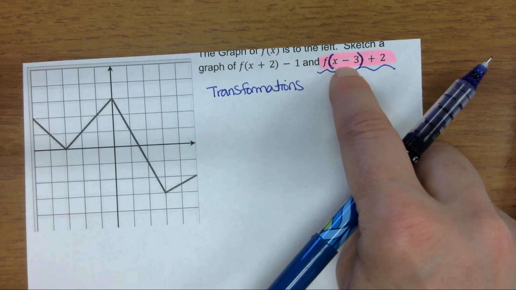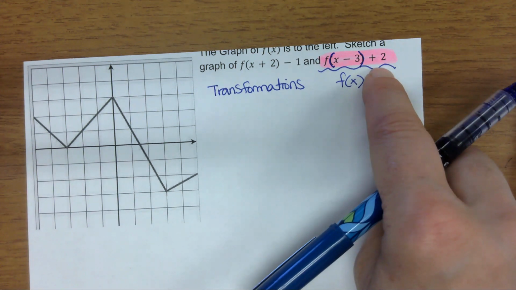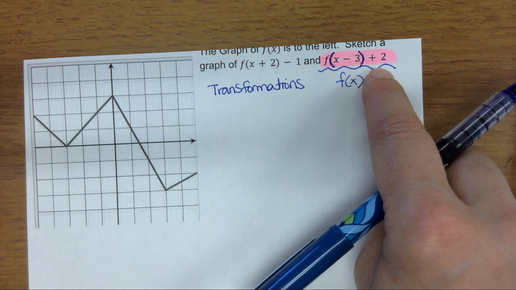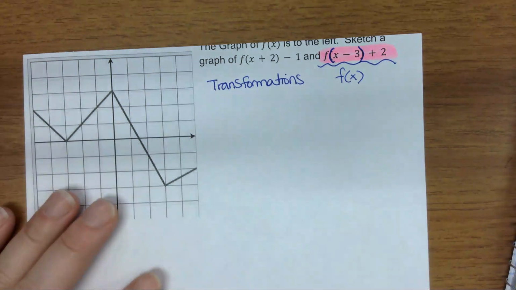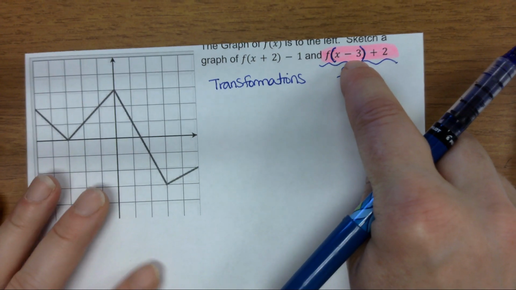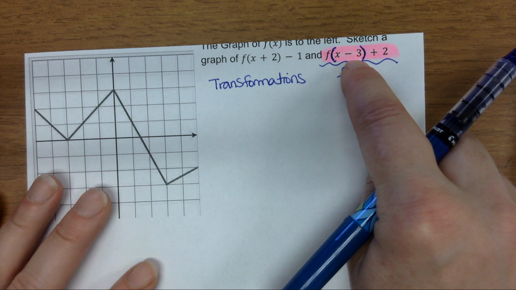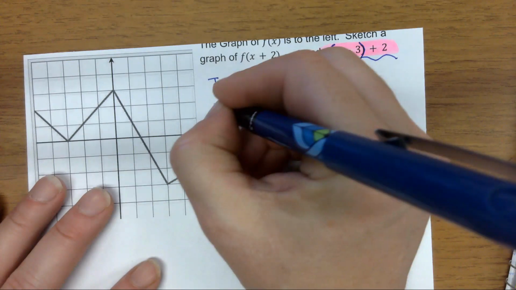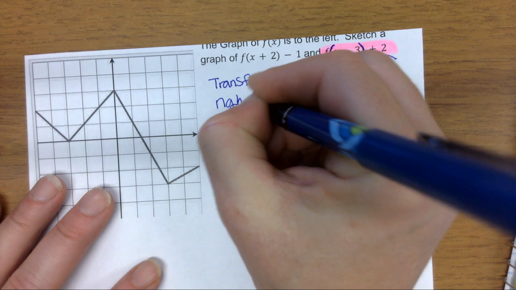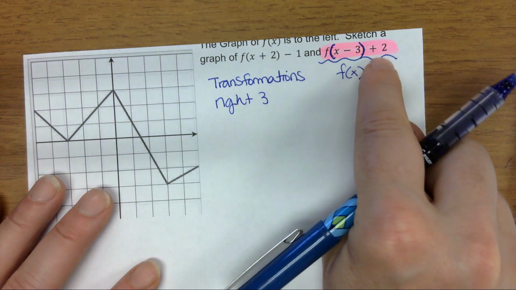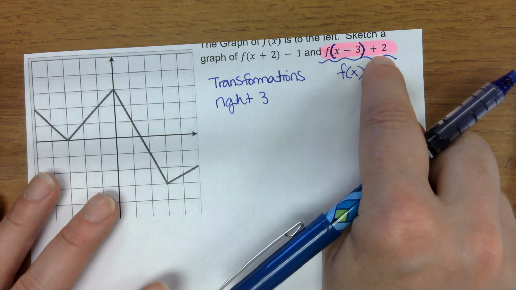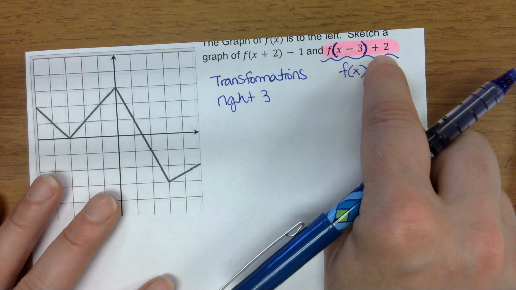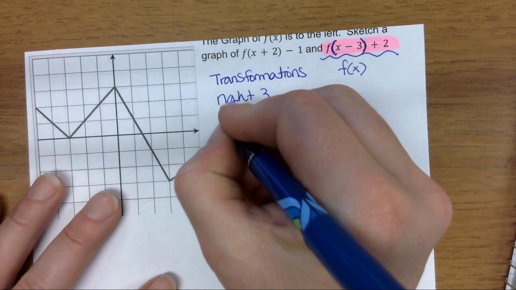The thing on the outside is your vertical one. What would be plus 3 since x is a liar? So it would be, give me a direction. Right 3, you're right, because x is a liar. Write the transformation: right 3, up 2. All right.